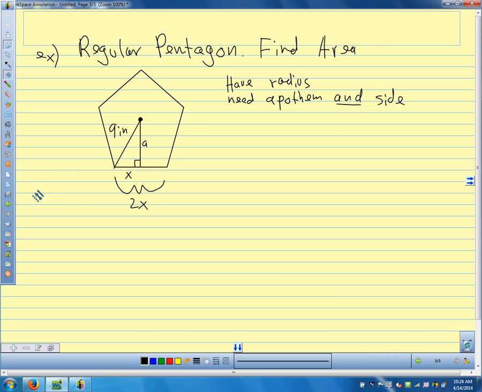So let's redraw that triangle outside of the polygon so we can make it a little bigger. So there's X, there's A, and we know that side is 9. Well, we can figure out this angle. This angle is half the central angle.